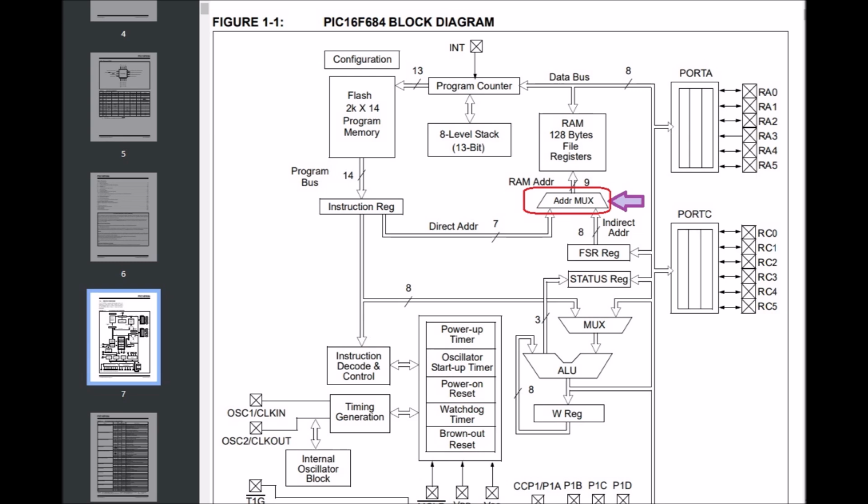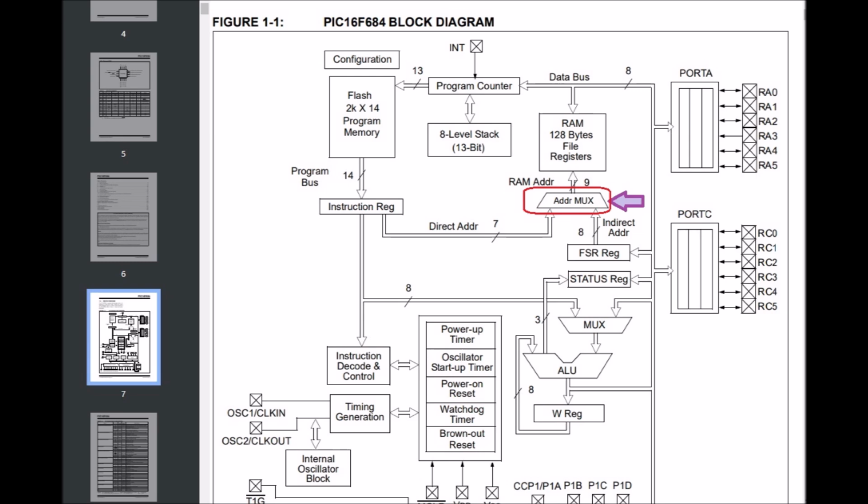Next, as you were looking at the PIC16F684 block diagram, you may have asked yourself, what is the ADRMUX? I'm glad you asked, because I have an answer. In the PIC16F684 microcontroller, the address mux refers to the address multiplexer.